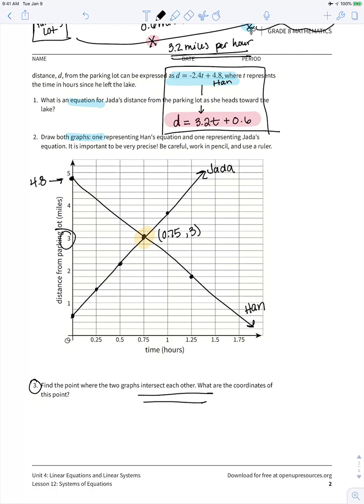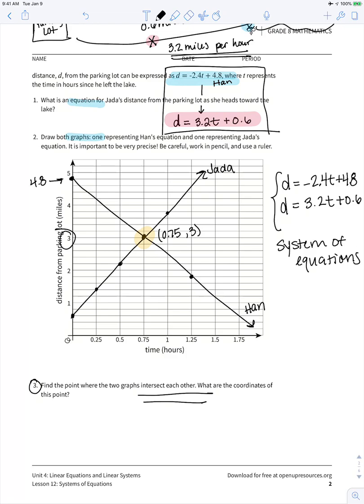And often you'll see in your lesson summary that you sometimes note it with brackets. But it's basically saying I have two equations and I'm looking to see what solution is true for both of them. And in this case, we know that the solution is true when the time is 0.75 and the miles is 3. And so we would say that this is a system of equations.